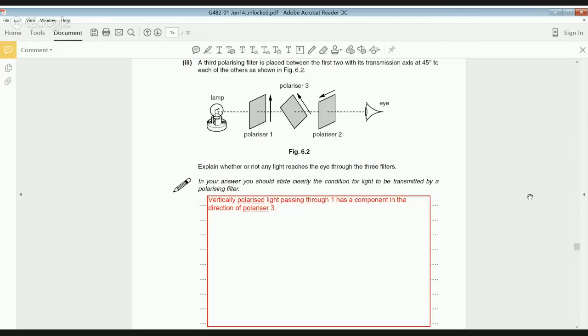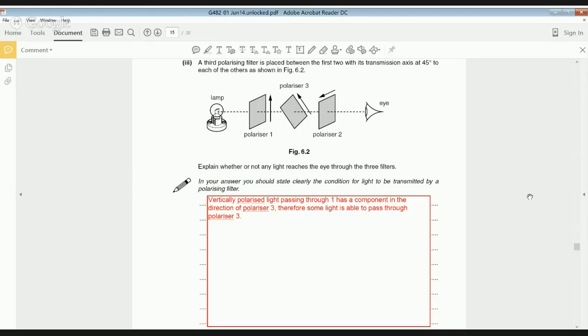In other words, it's thinking about vectors from mechanics, and thinking about components. The one is at 45 degrees to the other, so there is a component in the direction of polarizer 3. Therefore, some light is able to pass through polarizer 3.